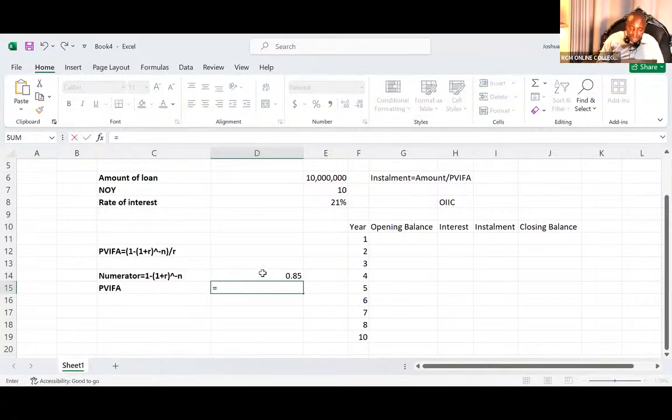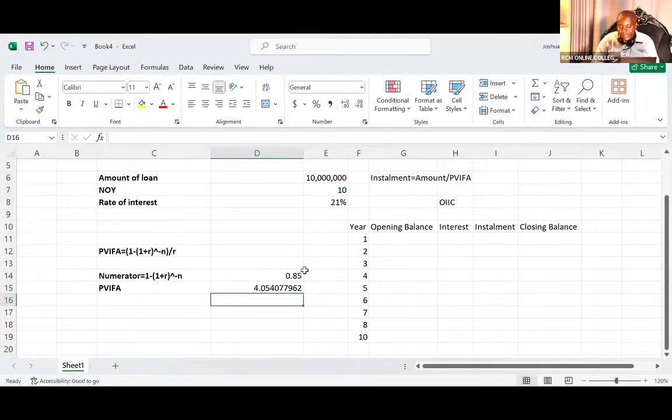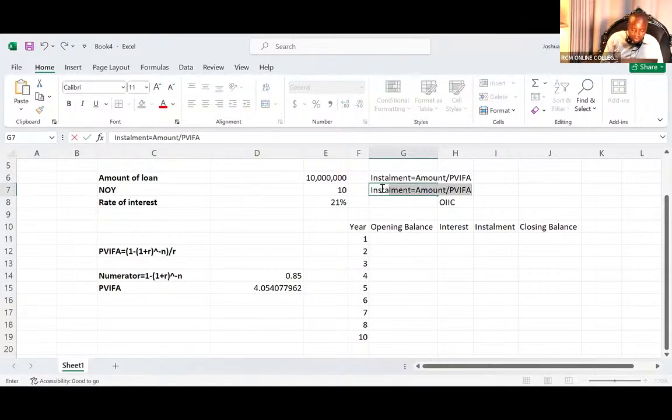You pick the numerator divided by our denominator, which is 21%. You can even come and type here 21%, or you pick it from here, one and the same. Then you'll be able to get that number. So now listen, ladies and gentlemen, this installment is what I will come and calculate here.